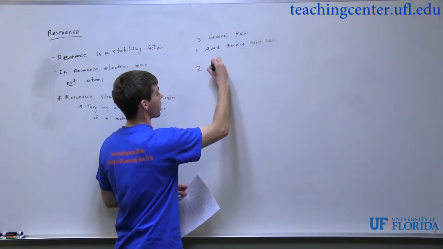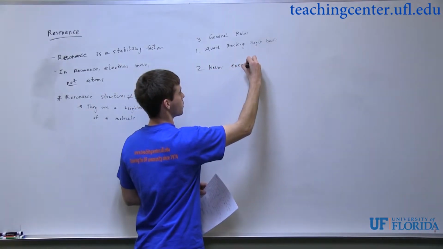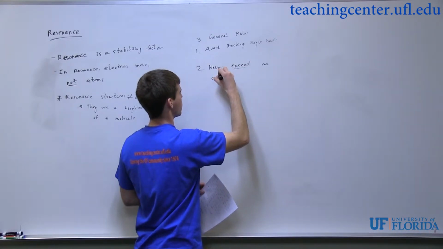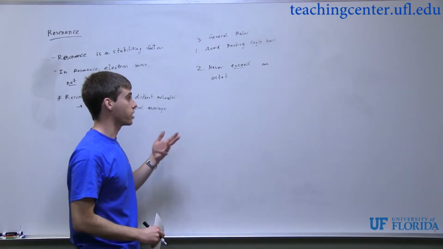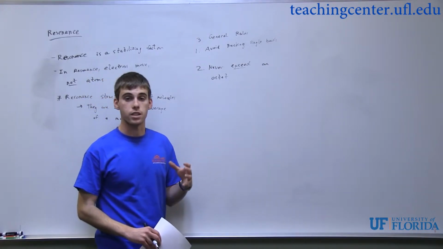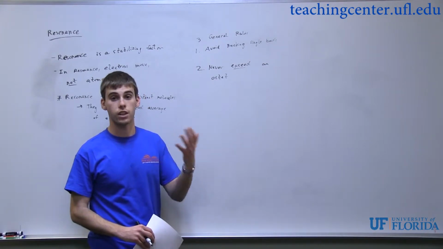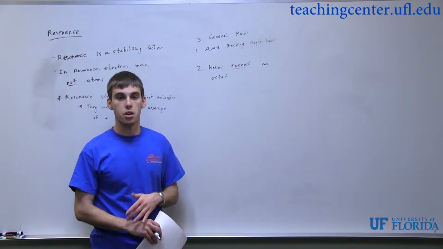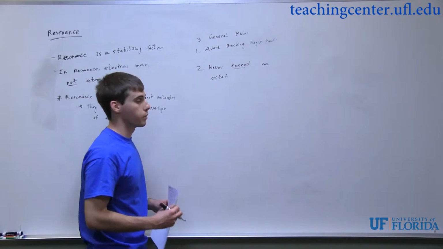Never exceed an octet. And this goes into formal charge. You can't have less than that octet, or less than how many electrons that atom can handle, and that'll just give you a formal charge. But you can't ever exceed the octet. You can't have an oxygen with 9 electrons because that just doesn't work, or especially not a carbon with more than 4.